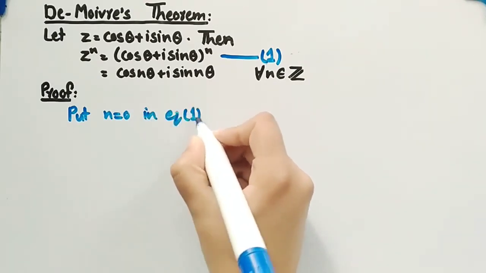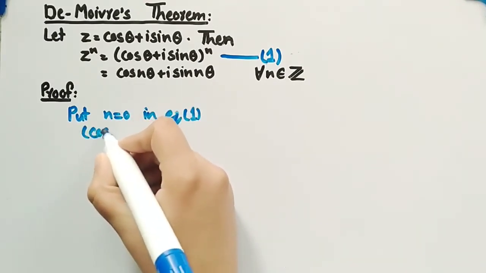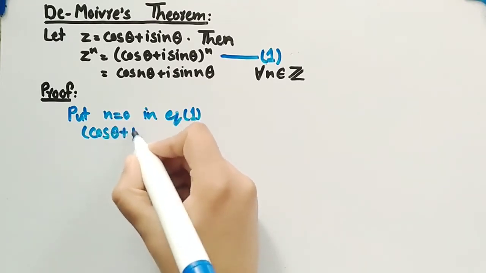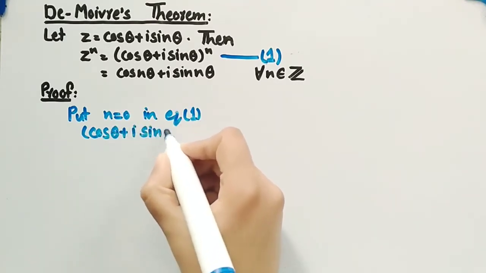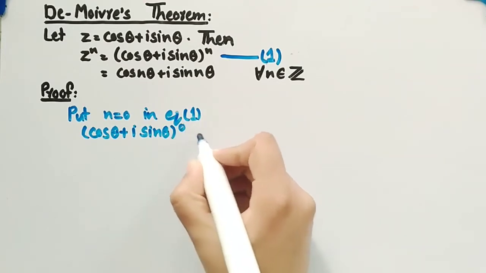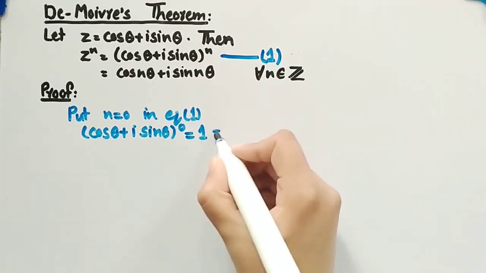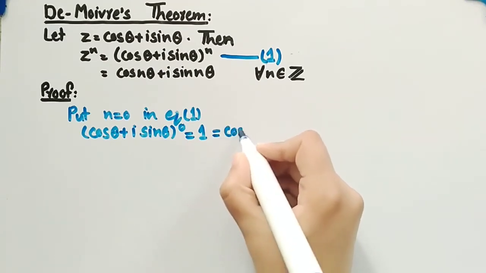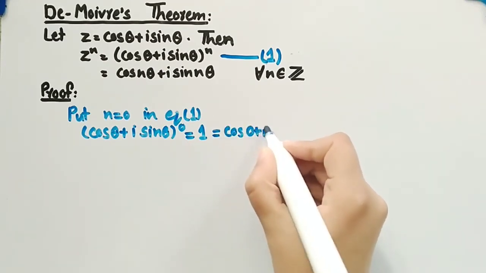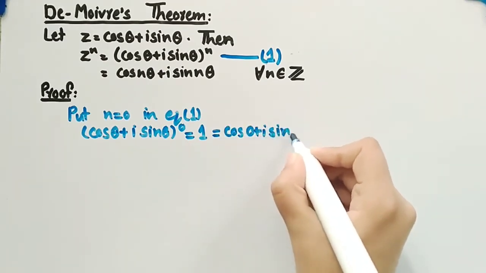We get (cos theta plus iota sin theta) raised to power 0, which is equal to 1, and we can also write it as cos 0 plus iota sin 0.